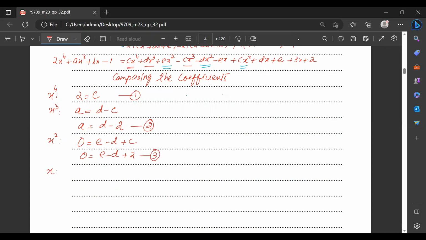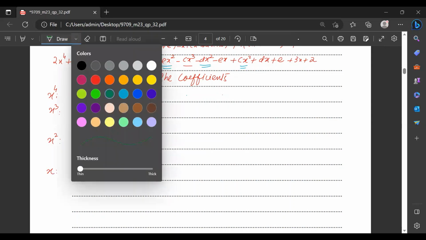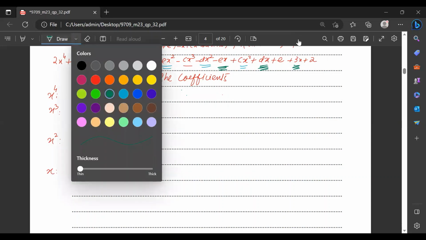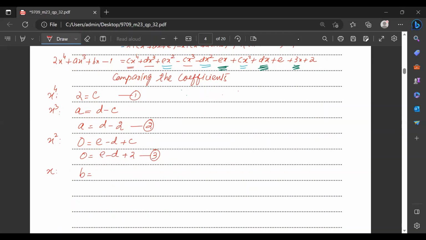Comparing x on both sides, b is equal to minus e plus d plus 3, and say this is number 4.